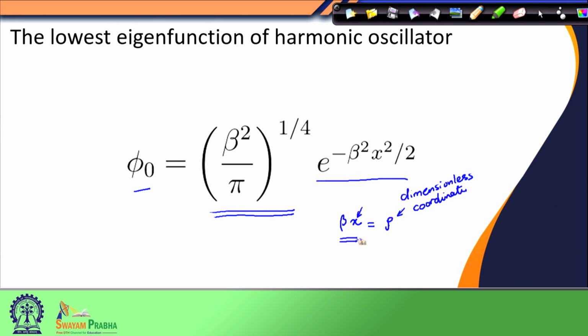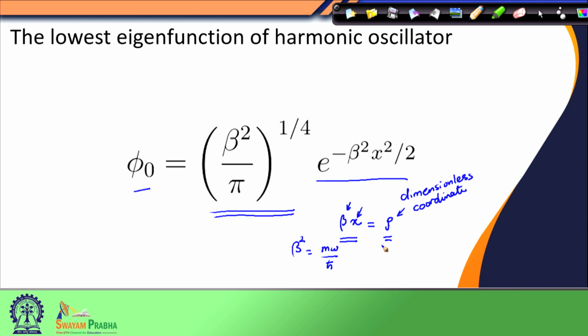And how are we going from the dimensional coordinate to the dimensionless coordinate? By multiplying x with beta, which, just to remind you, has beta square equal to m omega divided by h bar. So by multiplying this factor with the dimensional coordinate x, we get this dimensionless coordinate.